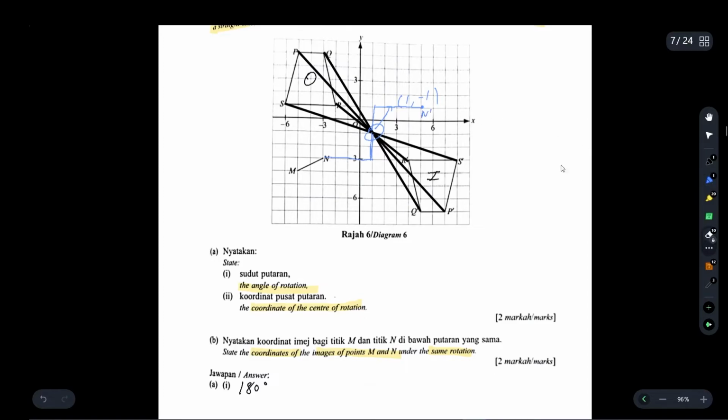Let's erase this, shall we? It's blocking this. Okay. So right now we have the M prime, and then the same goes for the N. It goes up 3 blocks right here, and then goes right about 2 more blocks. So this is the image of MN after it goes through the same transformation as the trapezium PQRS.